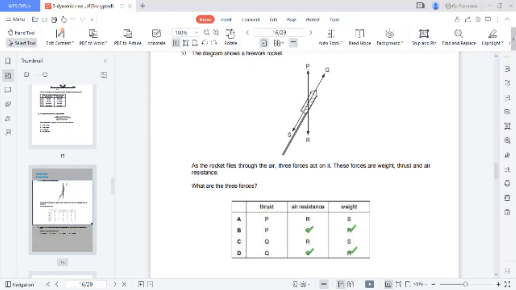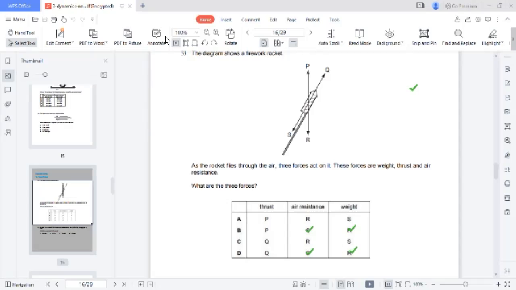I think so, Q, up thrust. So thrust is actually Q. So Q is somewhere here. So we are left with this, our correct option.